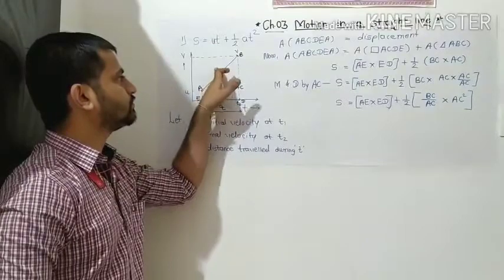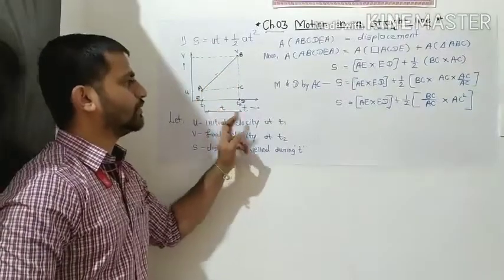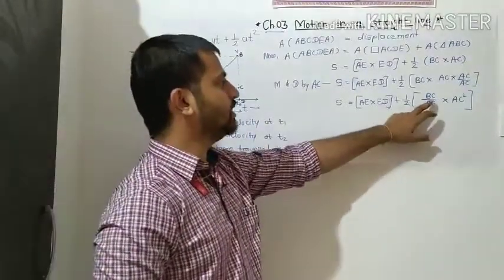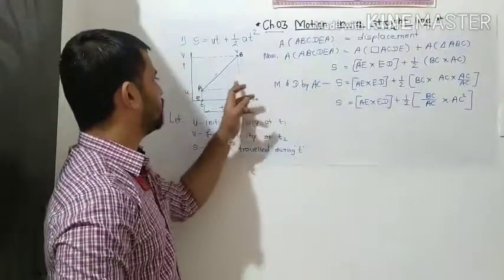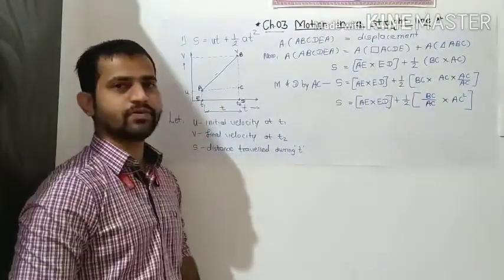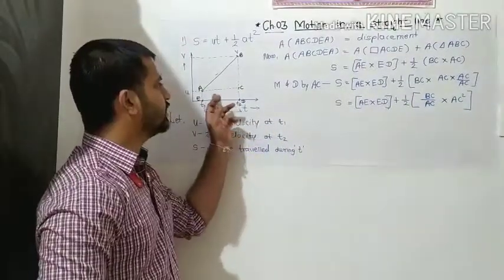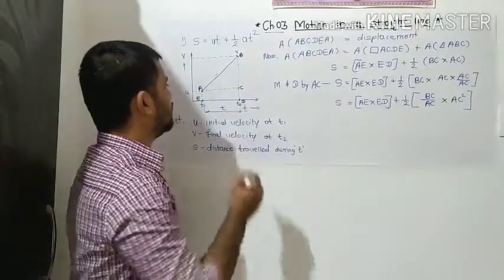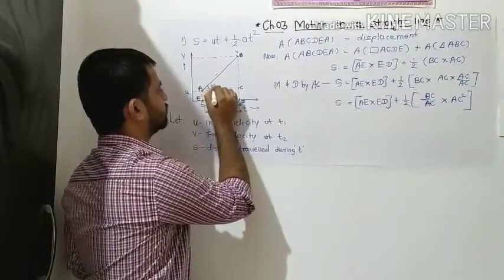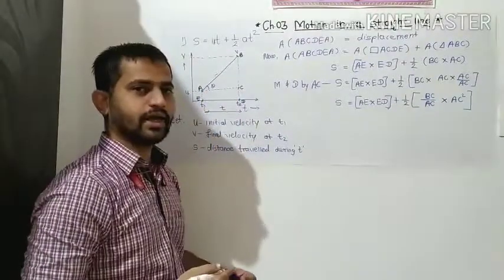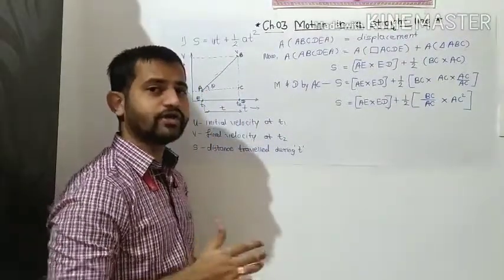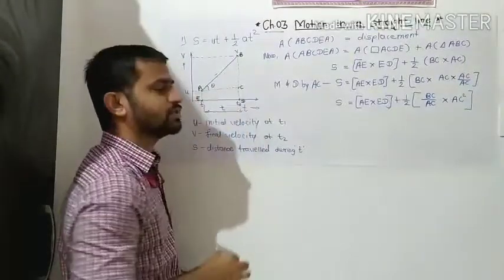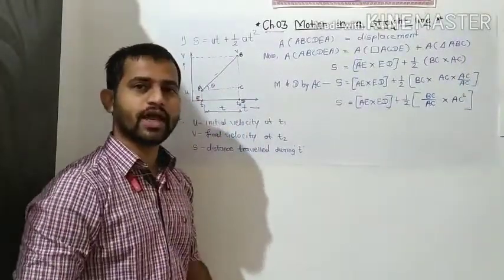Then 1/2 BC upon AC. So what is the BC upon AC? If we consider here the BC upon AC, it is nothing but the tan of the angle theta at this location, and in the VT curve, the tan of the angle theta gives us the slope, and it is nothing but the acceleration.